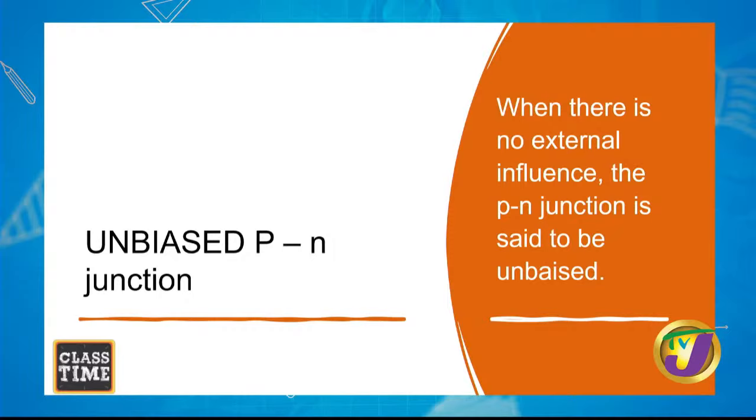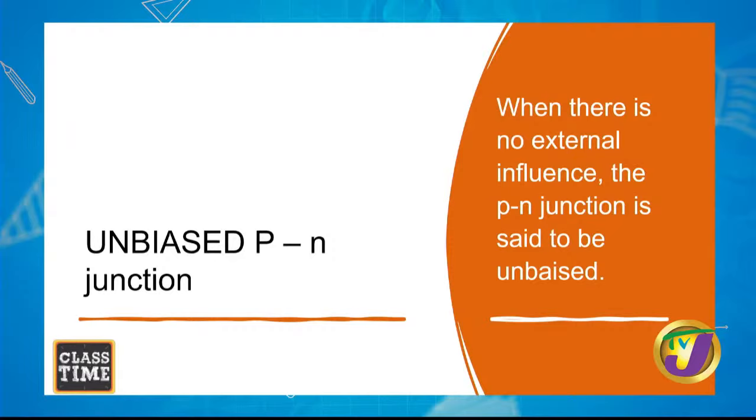As was mentioned before by Mr. Myers, for the p-type semiconductor, our majority carriers are the holes. The holes are positively charged. And for the n-type semiconductor, we have our majority carriers being our electrons, which are negatively charged.